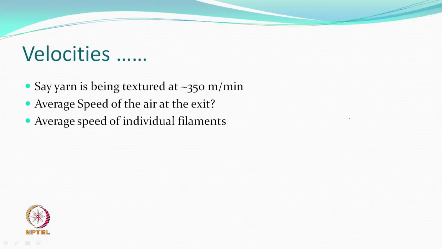You must understand, let us say the yarn is moving at some average speed of about 350 meters per minute at the take up. And we do understand, just because the loop has been formed, the average speed of the individual filament must be higher than this, then the loop will form, there is a pressure out there.